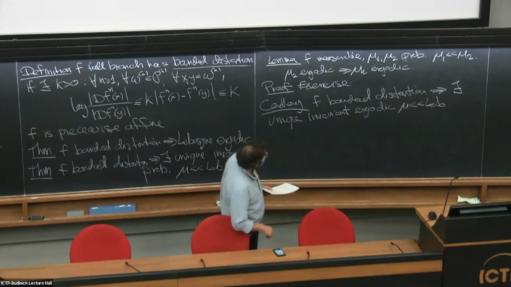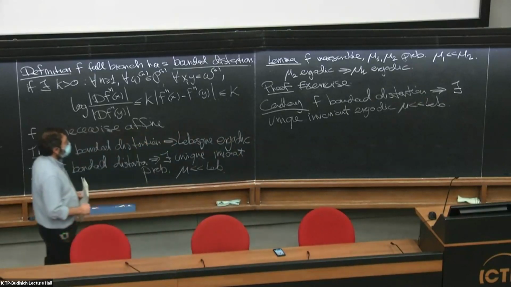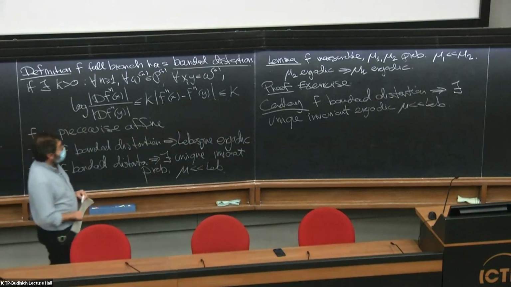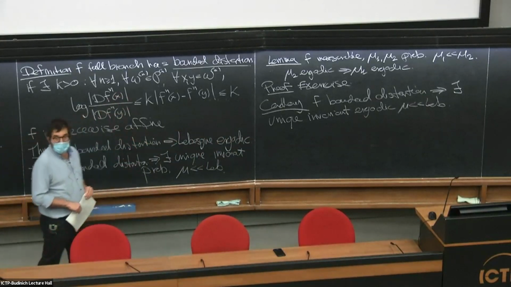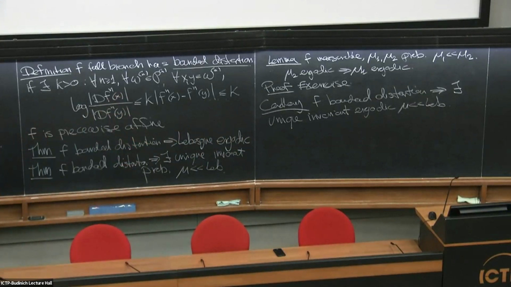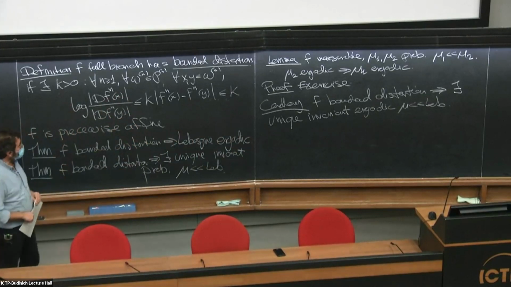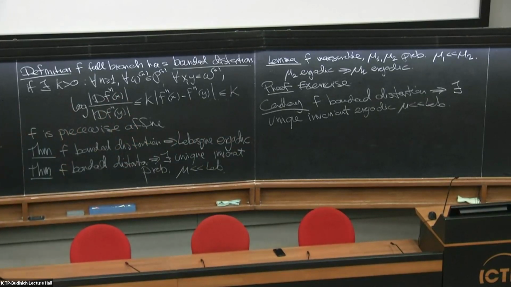So what remains, of course, this is all very good with this condition, except that this condition may or may not ever be satisfied, right? It might be that the only time it's satisfied is the piecewise affine case. So we need to write down some conditions that allow us to check it.